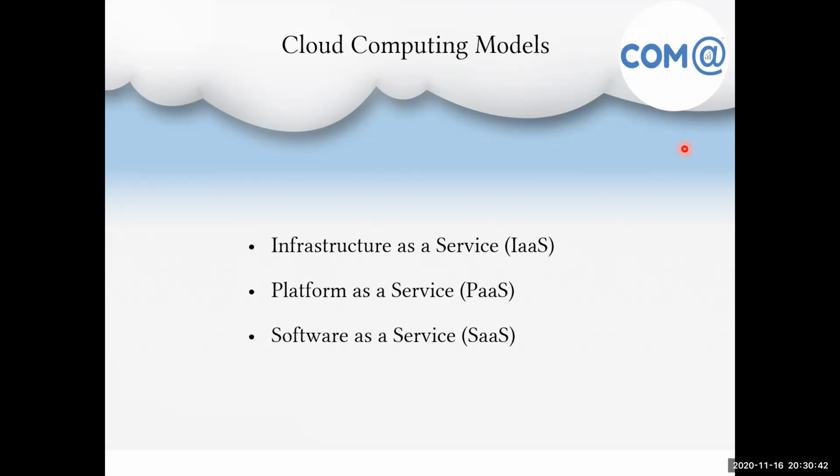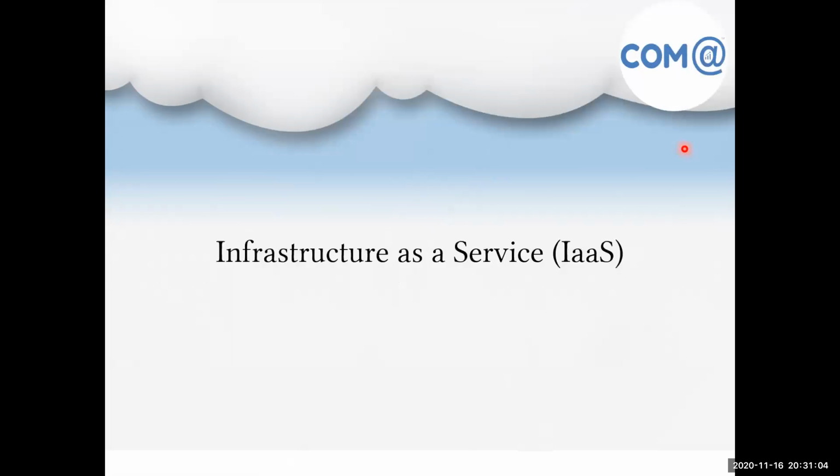Apart from this, security as a service, database as a service, serverless infrastructure as a service. There are many other cloud computing models out there, but these three are the primary cloud computing models. All the other models will be based on these three models only. So we need to understand these cloud computing models.